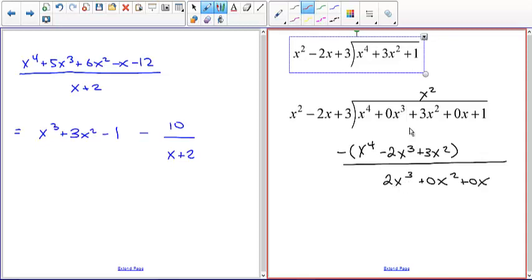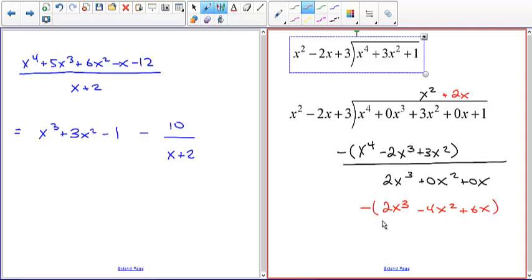So I said, what do I need to multiply x squared by to get 2x cubed? The answer is 2x. So 2x times x squared is 2x cubed. 2x times negative 2x is negative 4x squared. And 2x times 3 is plus 6x.